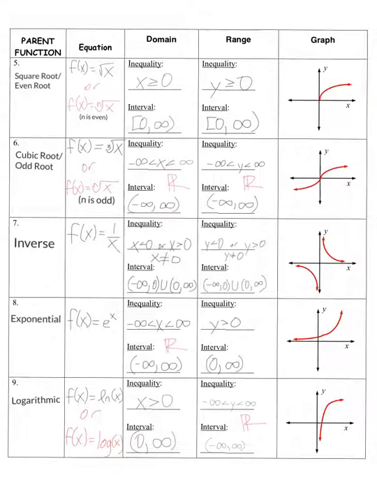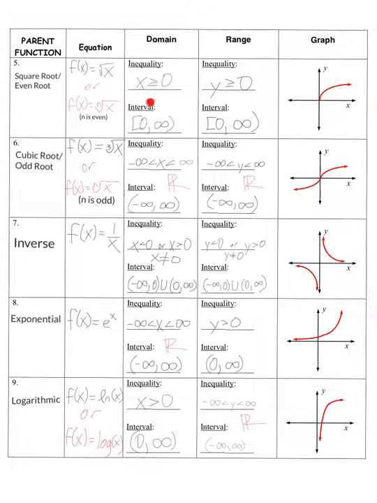I'd have to do 3 and negative 3, and that's not the definition of a square root. A square root has to be that same number. So hopefully that makes sense as to why the square root function looks like that, and why the domain and range are greater than or equal to 0, because you can take the square root of 0.